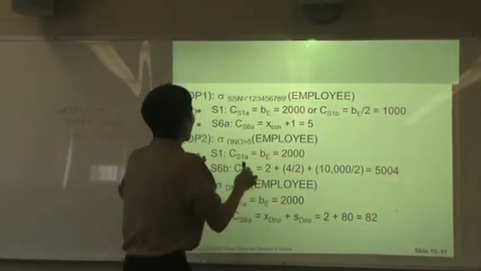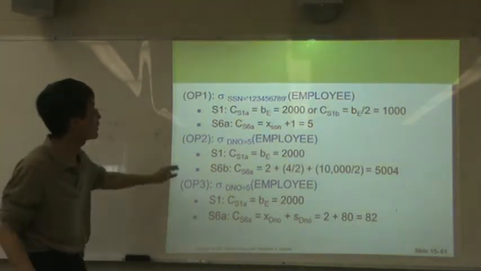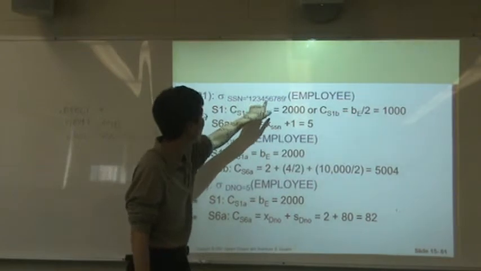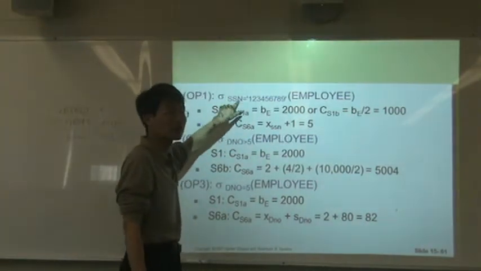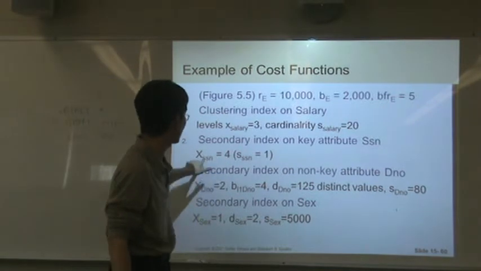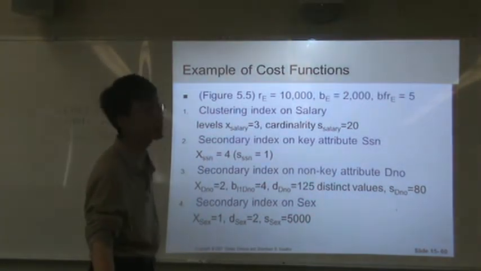Only these two cases can be considered: one is the brute force way, another one is using the index. SSN is the secondary index, right? So we can consider two cases among 9.